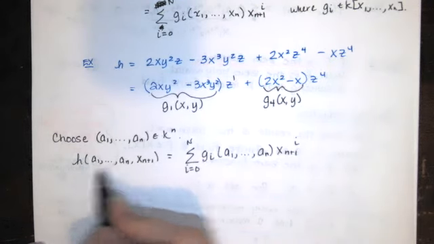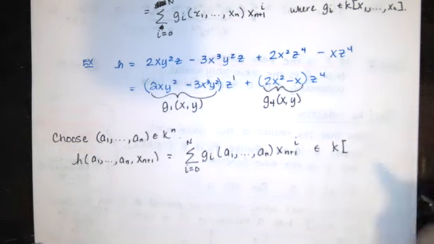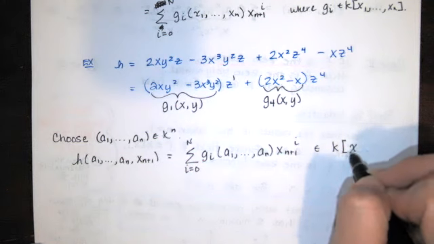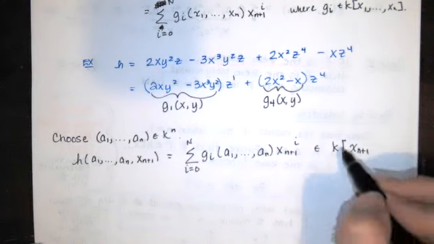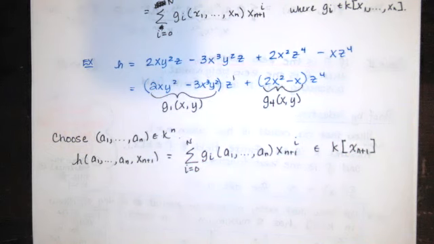Well, first of all, we should say that this is an element of the polynomial ring with coefficients in k in the single variable x sub n plus 1.